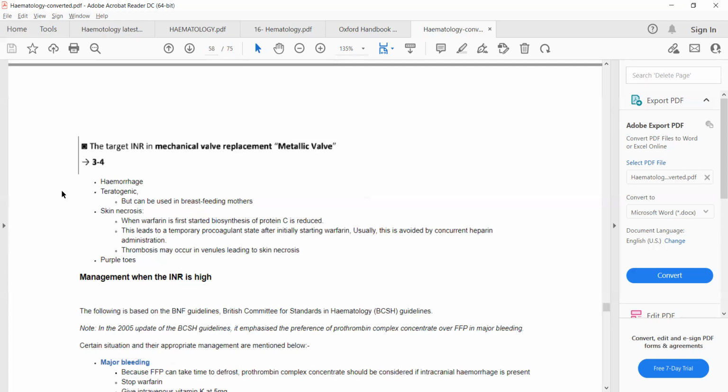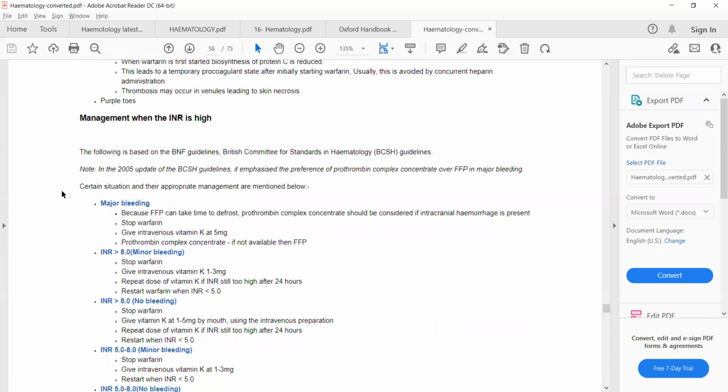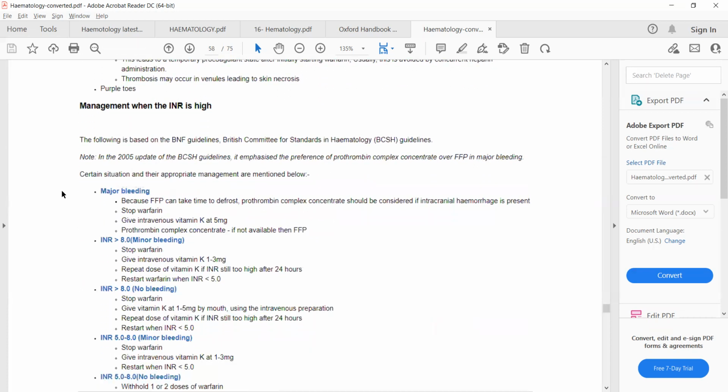What is the management when somebody on warfarin has a high INR? What are we going to do? The first scenario is if someone on warfarin develops major bleeding. Now, what is a major bleed? A GI bleed or an intracranial bleed is an example of major bleeding.